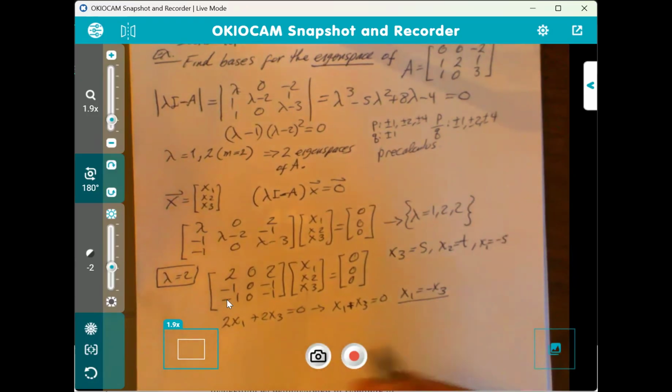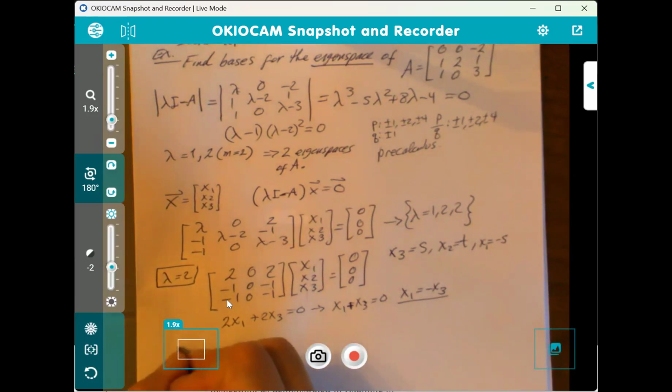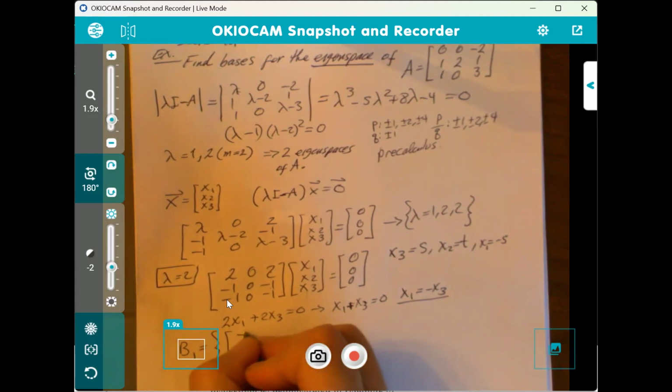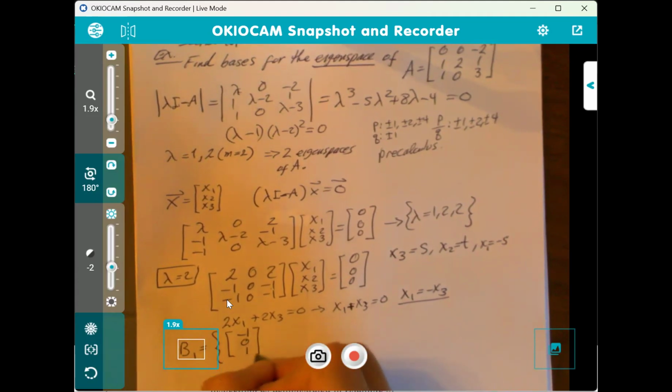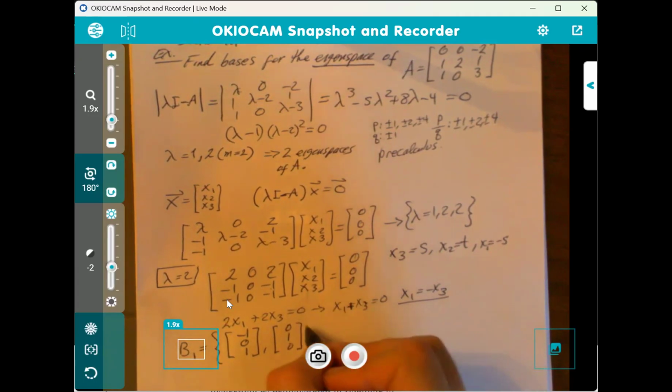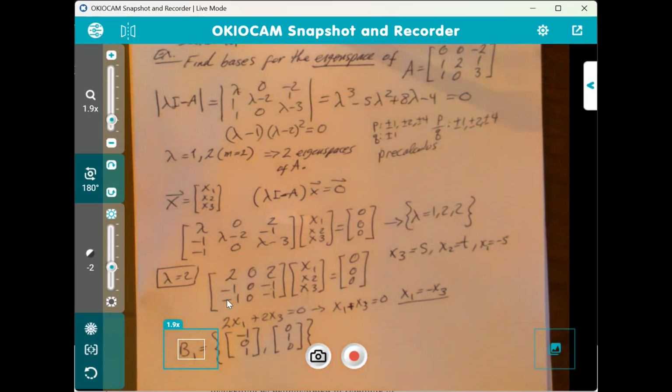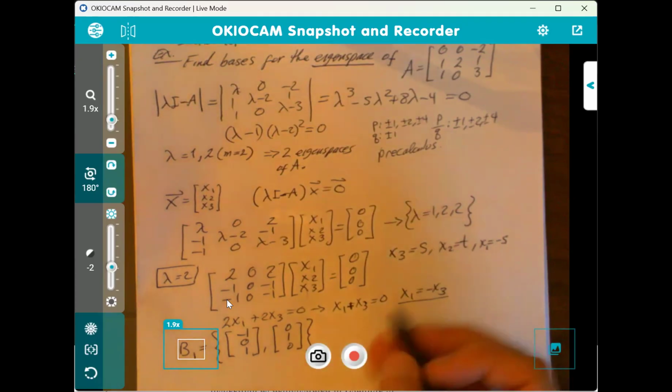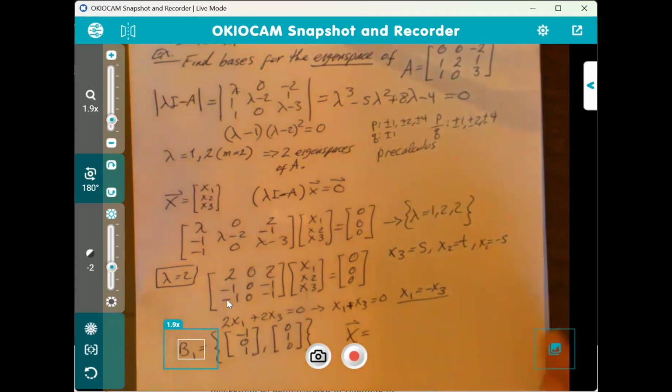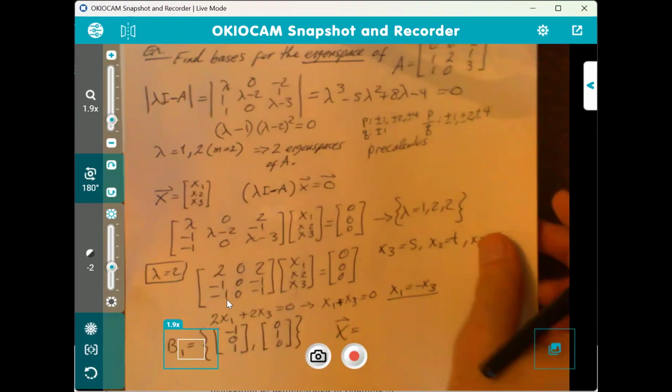Okay, and then we have our basis vectors. So b1 is going to be -1, 0, 1, and then we have 0, 1, 0. So I pick up 2 basis vectors from this one. How does this come about? Well, remember the solution x here.